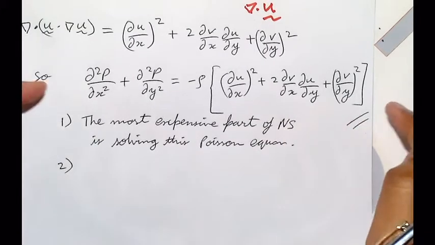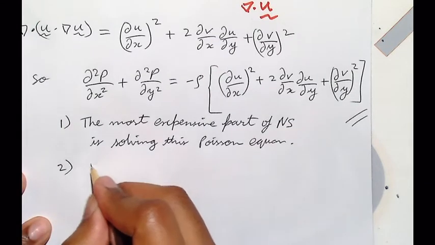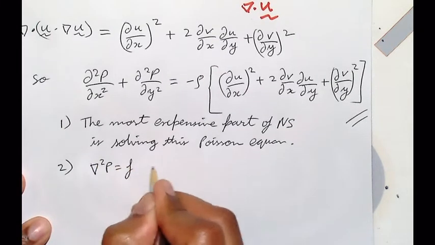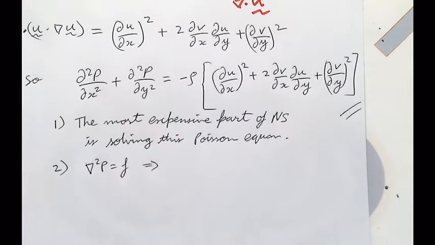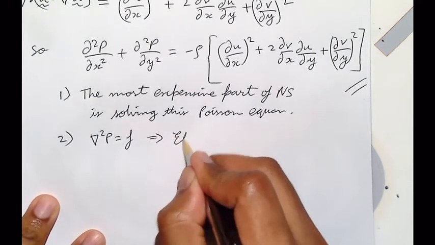do you remember what classification this PDE is? Laplacian of P equals F. This is Poisson's equation, but is it a hyperbolic PDE or something else? This is actually called an elliptic PDE.